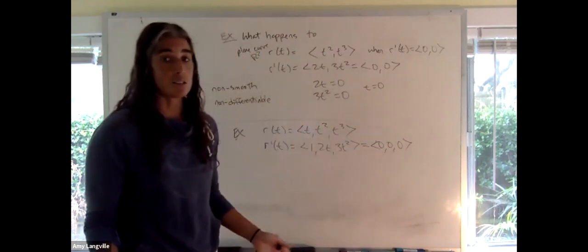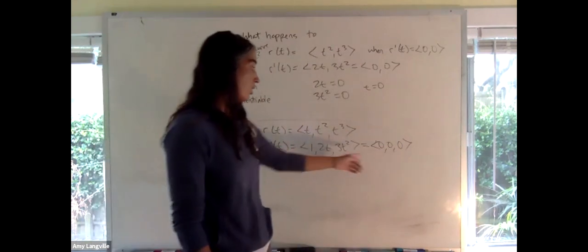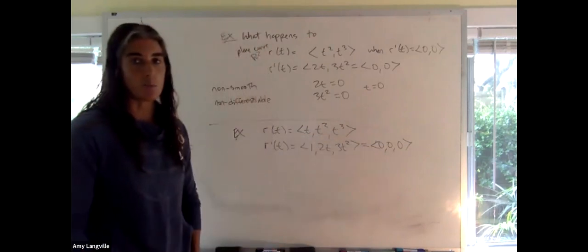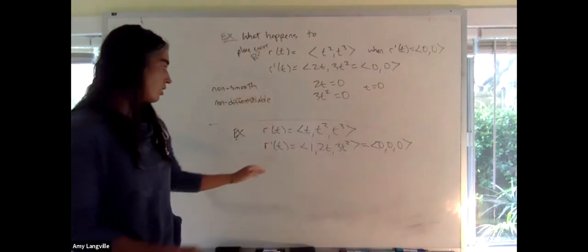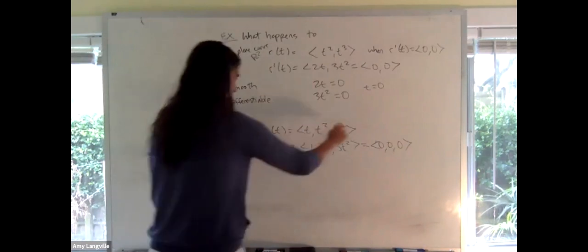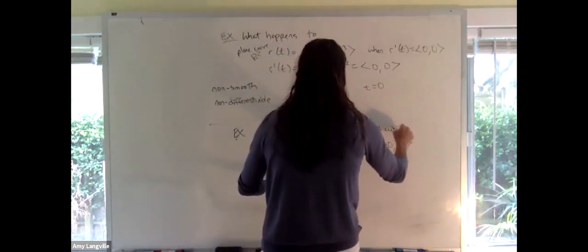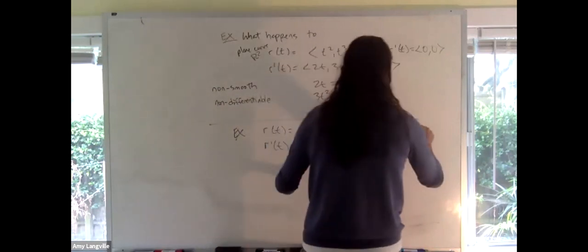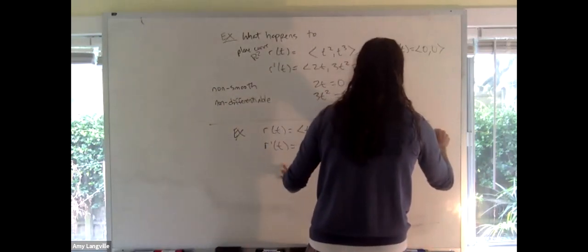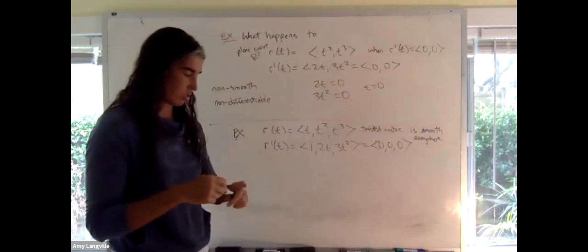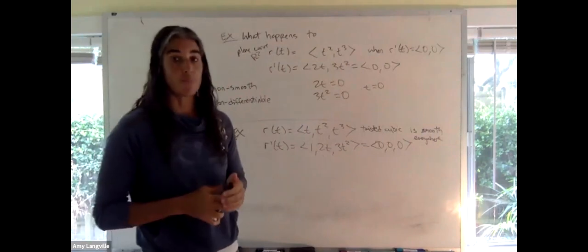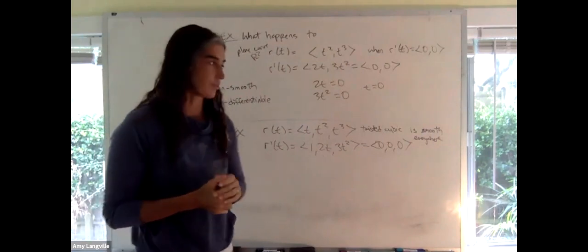I don't have to do any analysis. I know there's no way I can make 1 equal to 0. No value of t is ever going to make that statement true. So this twisted cubic, which we've seen a couple times now, is smooth everywhere on its domain. If t goes from minus infinity to infinity, everywhere over the domain of this twisted cubic, it's smooth. There are no jagged points.